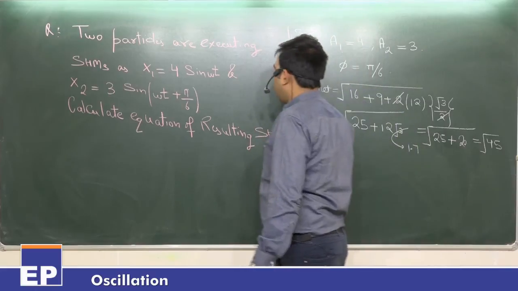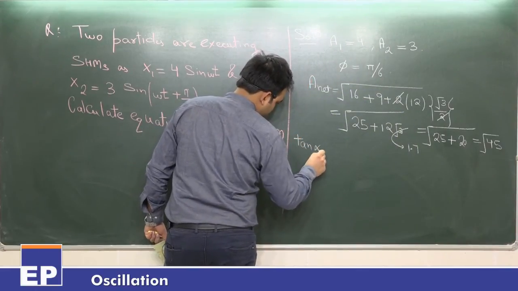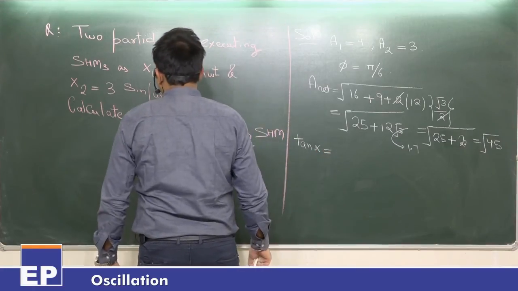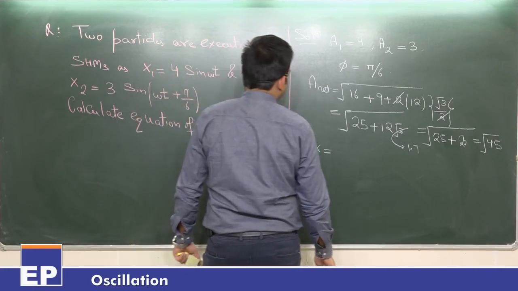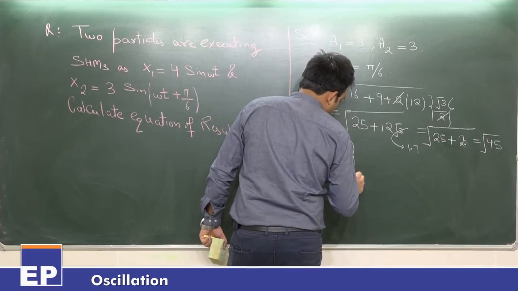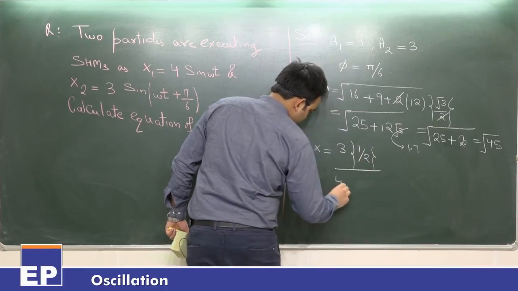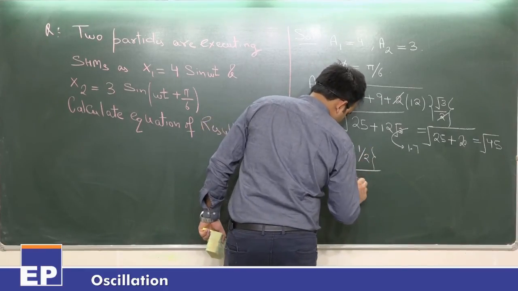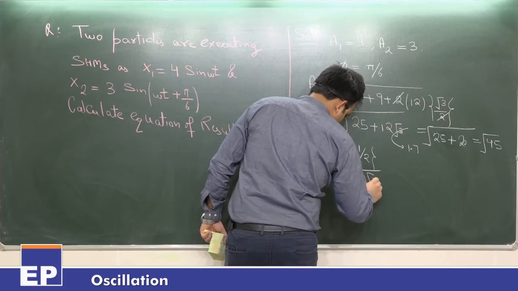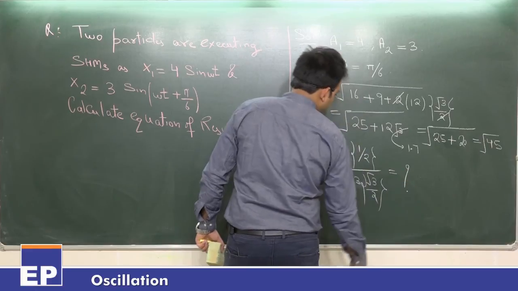And you can also calculate the angle: tan alpha is B sin theta upon A plus B cos theta. B is this 3, sin pi by 6 is 1 by 2, and A plus B cos theta. From there you can calculate the value of alpha.